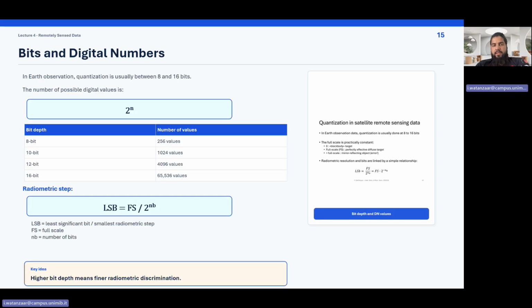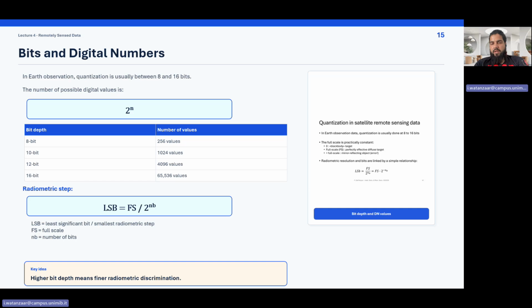Now these are the bits in the digital numbers, which is again really important. We have seen that bit depth is important. The normal depth used in Earth observation is from 8 to 16 bits, and the formula is that the number of possible digital values is 2 to the power n.